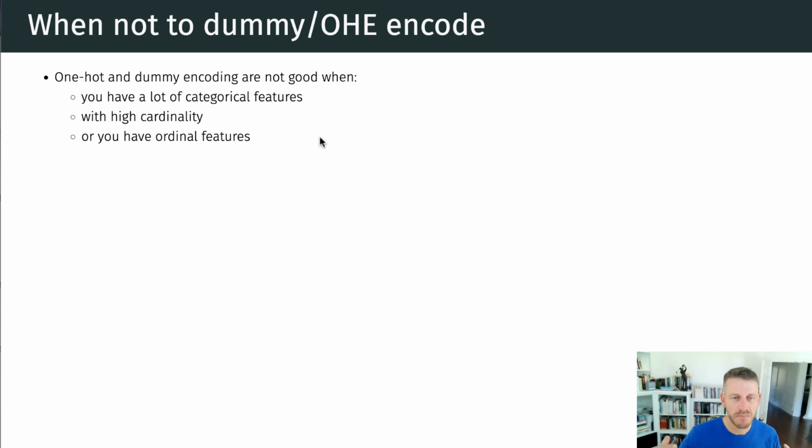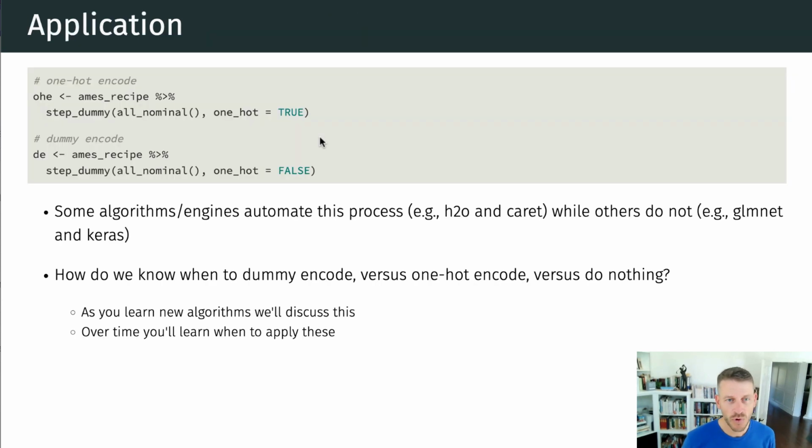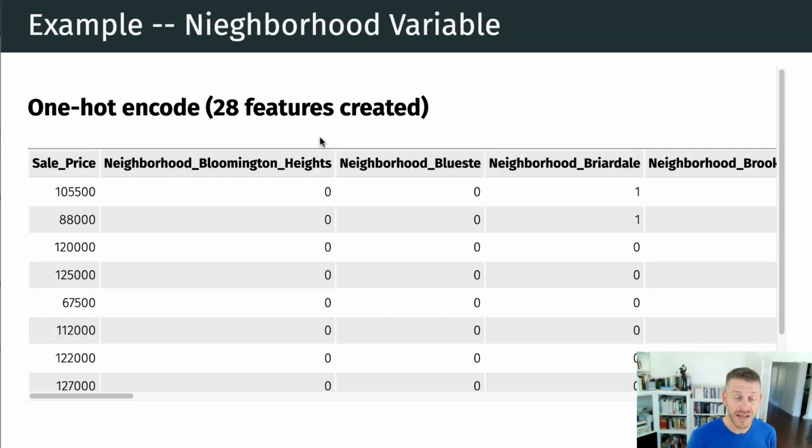It adds many, many more features. For example, when we simply one-hot encoded a single feature, the neighborhood within Ames, we went from having one feature, neighborhood, to having 28 features, right? Because it's one for each neighborhood.